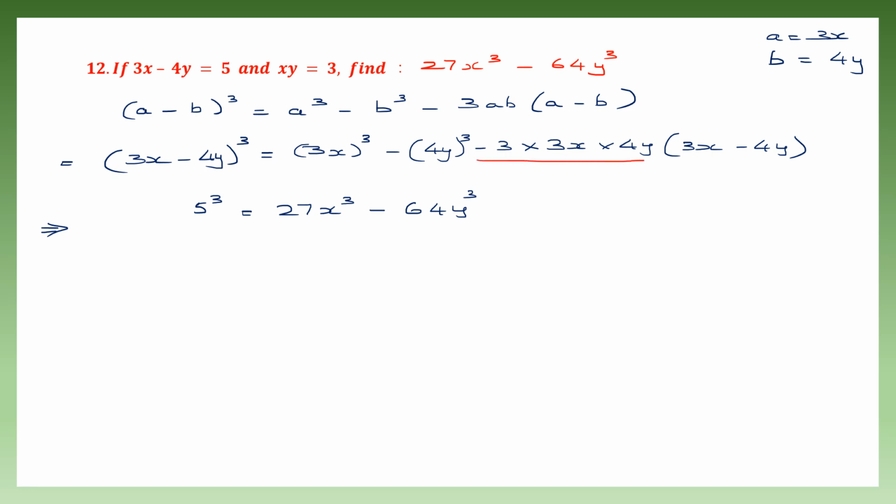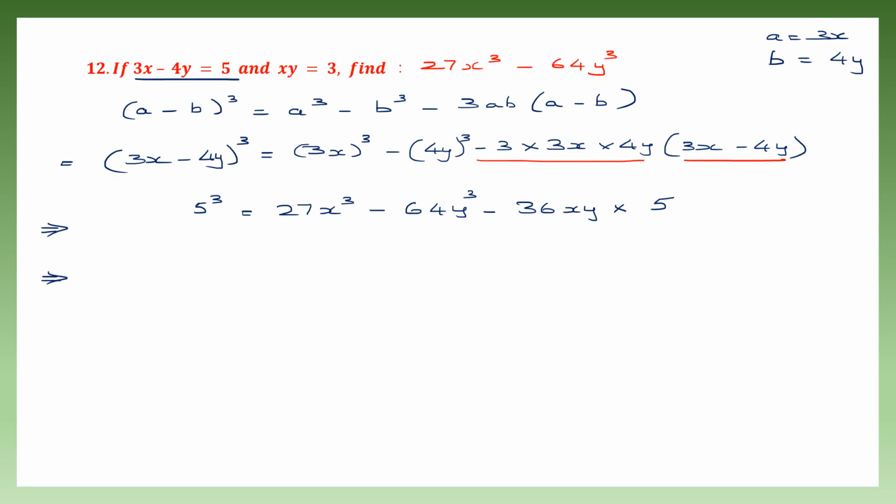Now the sign is minus. 3 3s are 9, 9 4s are 36. So this is 36xy into, now here we have 3x minus 4y, and in the question it's already given to us that 3x minus 4y is 5. So into 5.